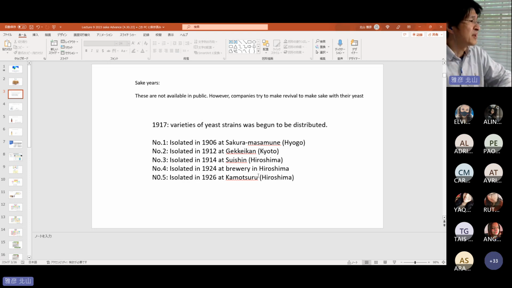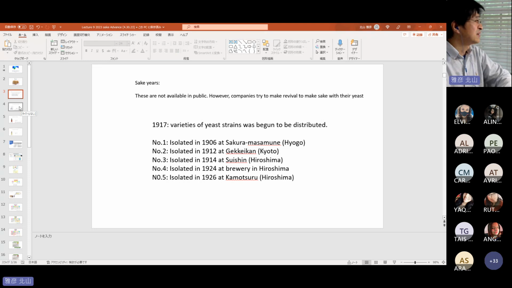Kamotsuru is another famous brewery in Hiroshima Prefecture. So these 5 yeast strains were the famous yeast strains that used to be distributed to many breweries, or most sake breweries in Japan. But these days, these are not distributed by the Japanese government.